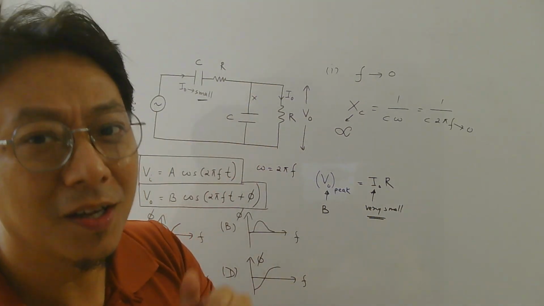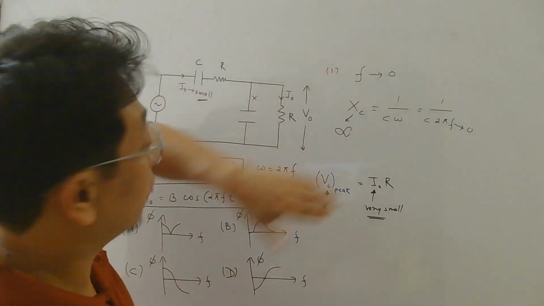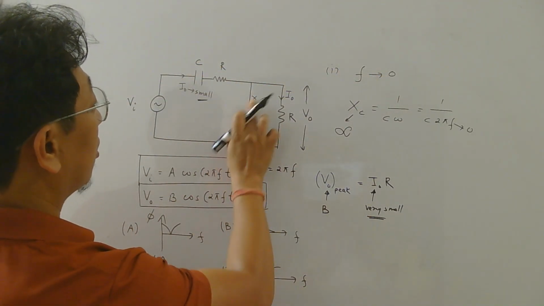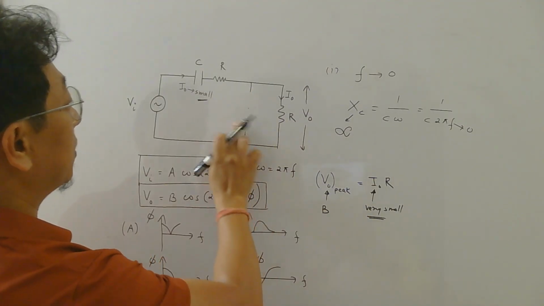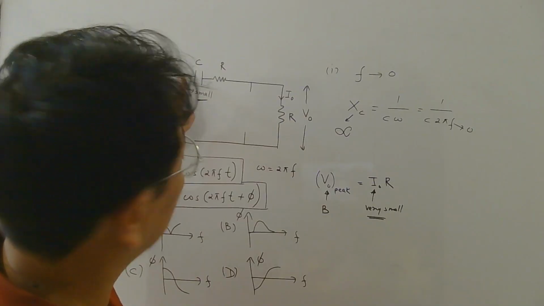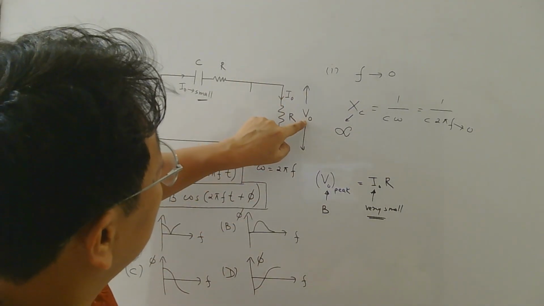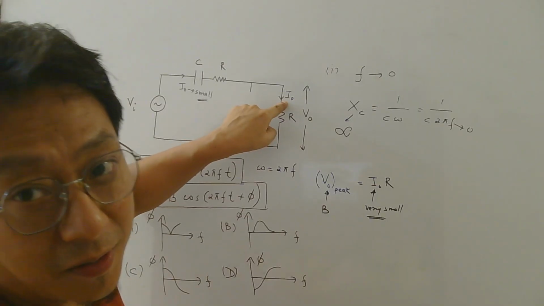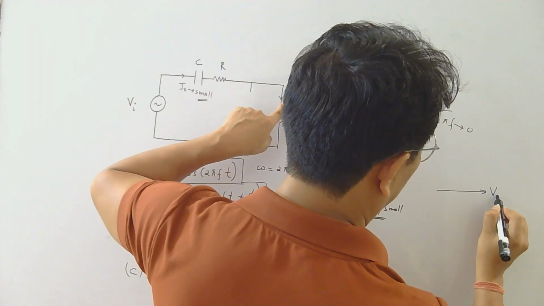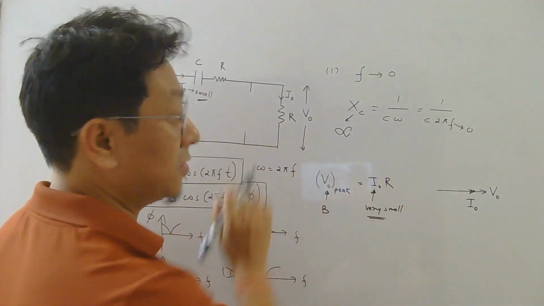We are worried about the phase of this voltage. So since at very low frequency this offers too much resistance, you can assume this is not there. It is like open circuit, this part. And therefore all the small current that comes here will go here only. So this voltage will be in same phase as this current, isn't it? So V0 will be in the same phase as current because it is across a resistor.